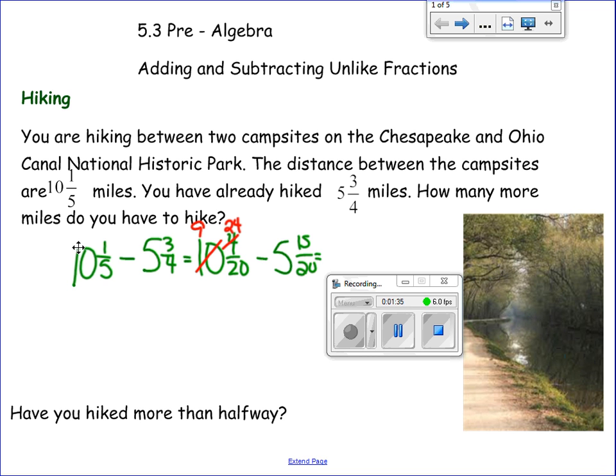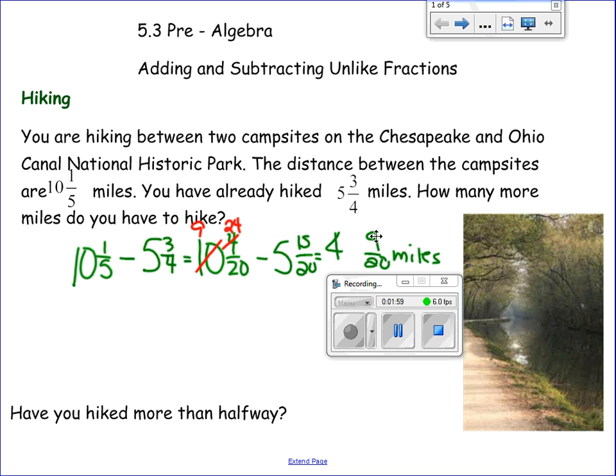Now I can subtract 15 from 24. 15 from 24 is 9, so now I have 9 over 20, and then the whole numbers, 5 from 9 is 4. So I have 4 and 9/20 miles left to hike.